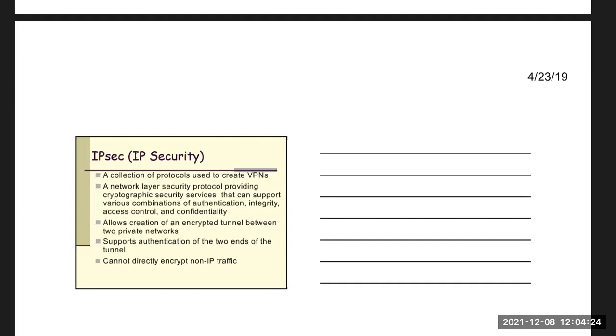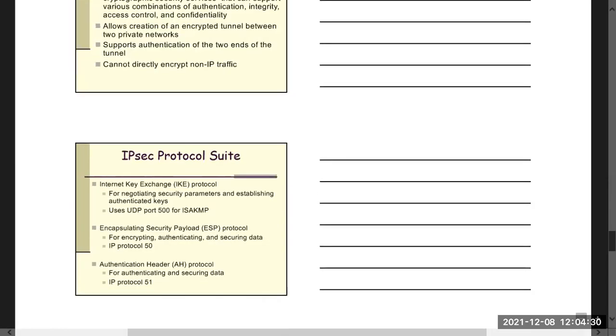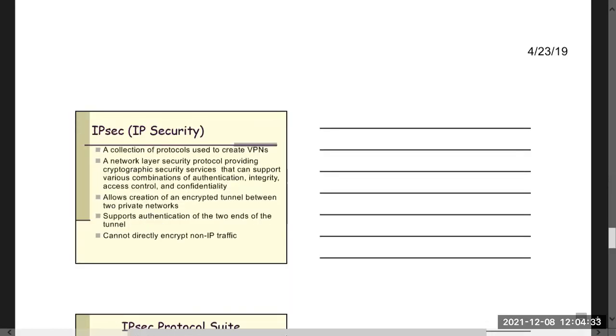Now, what are the uses of IP security? Why will we use it? Basically, we use IP security to encrypt the application layer data. What is the topmost level of the OSI model? The application layer.